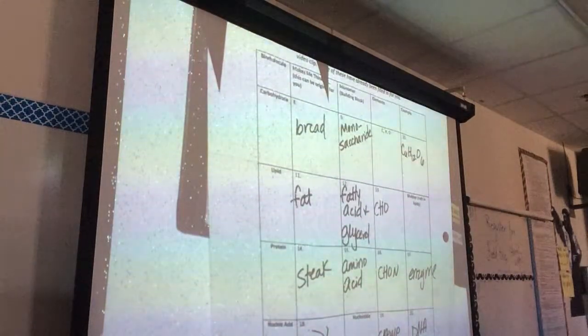Okay, so we have a foldable. It's already got the little flaps cut for you, okay? I want you to fold the 4 little flaps over to make a window pane foldable. You're going to fold your 4 little flaps over to do this. Here, I'll use yours as an example. Fold all 4 over.